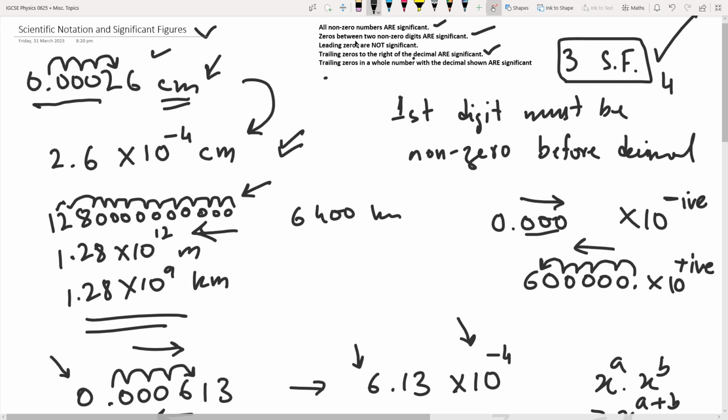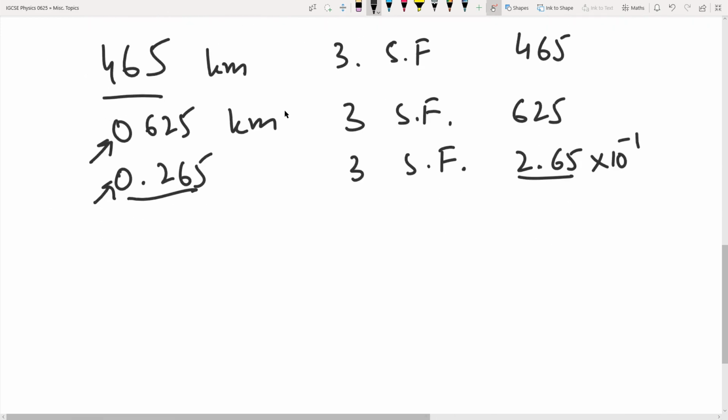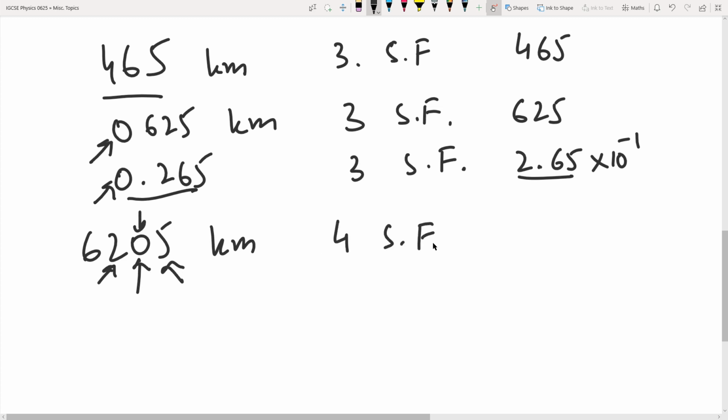Okay, zeros between two non-zero digits are significant. Now, let's say if you have a number, it says 6205 kilometer, then the zero between these two significant numbers is also significant, right? So over here I've got 4 significant figures, right?